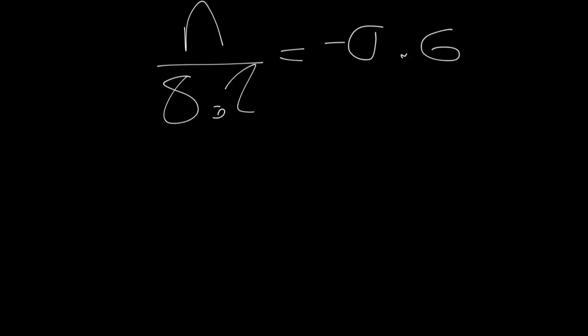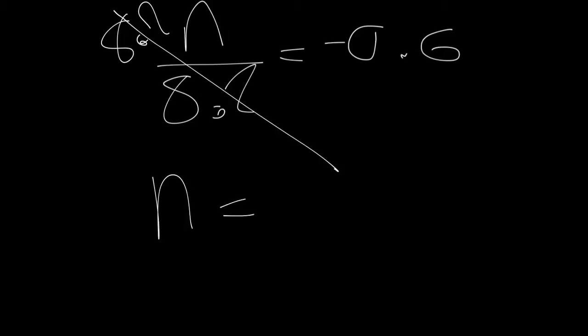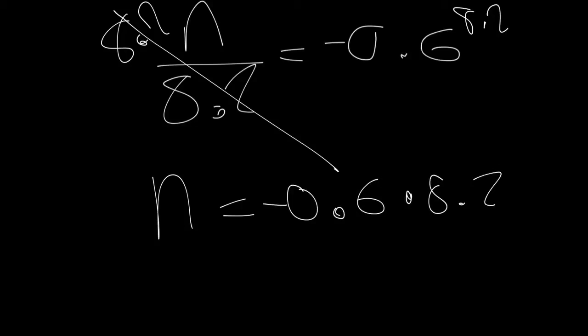In this problem, n is being divided by 8.2. So we have to times by 8.2. That crosses each other out, so n equals negative 0.6 times 8.2.